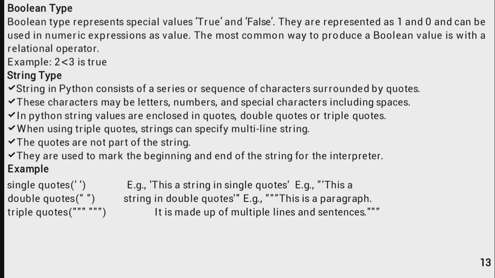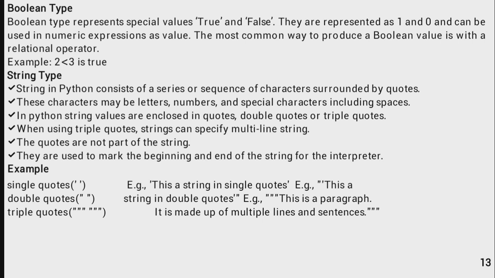In this example, we want to compare two values like 2 less than 3. This condition is true, so we get the output value as true. Otherwise, 10 less than 3. This condition is false, so we get the output as false.